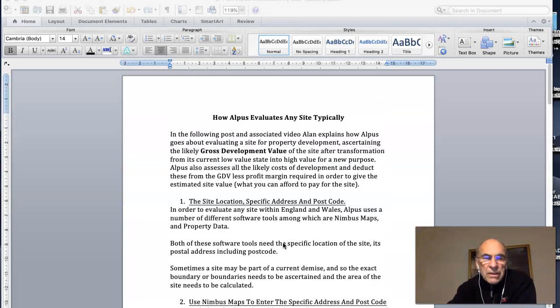evaluation method for any site typically, and I'll gladly have a look at any site with any potential joint venture partners. We're constantly doing this sort of thing, and it's no difficulty to run a quick calculation and see whether the project stacks up for the particular purpose in mind, whether it's HMO, co-living, or our preferred model, which is serviced accommodation, or other such as residential, or it could be retirement residential.